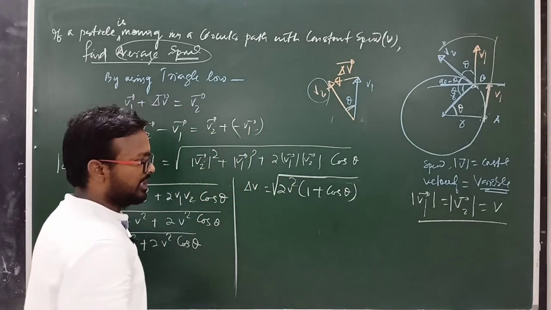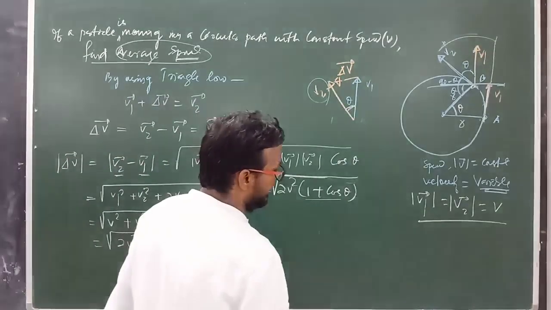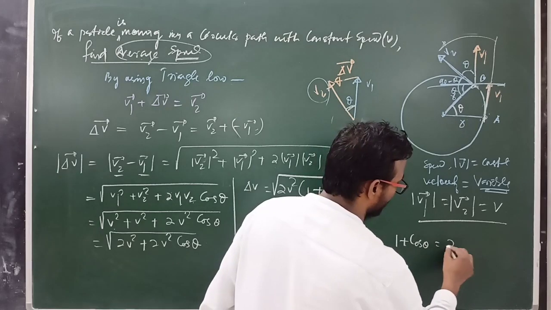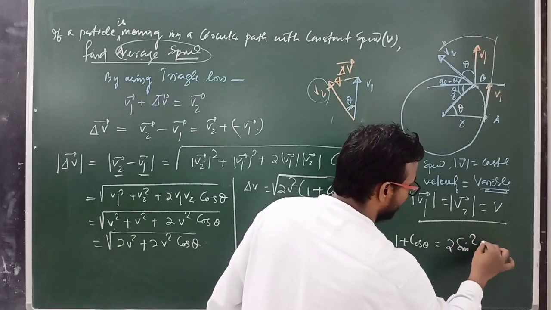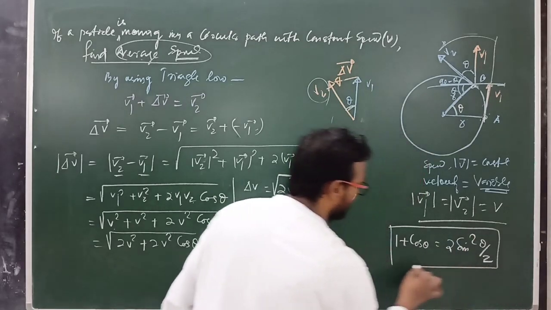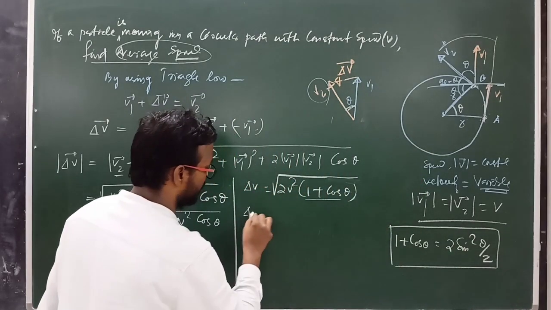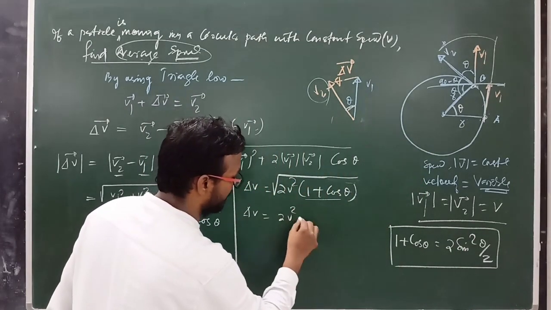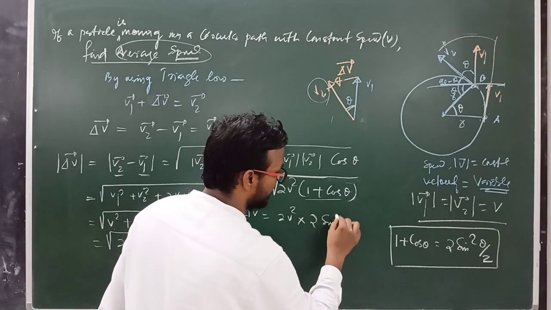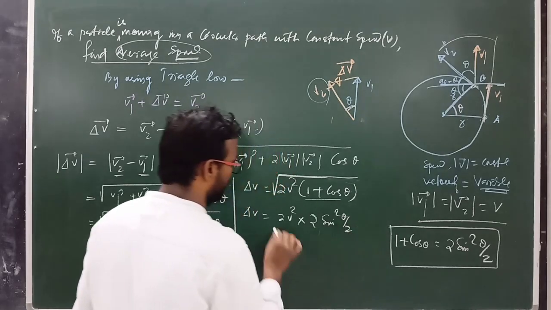This is a trigonometric identity: 1 plus cos theta equals 2 sin square theta by 2. You have to use this relation here.